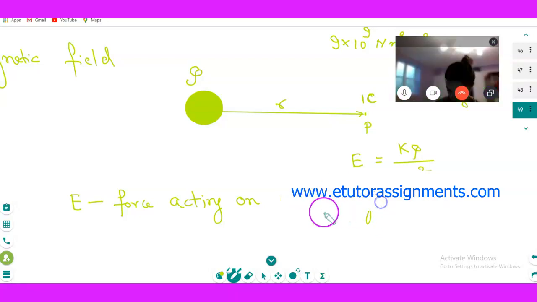Unit charge means 1 coulomb charge. Is it clear? So what is the unit of the electric field? Newton per coulomb.